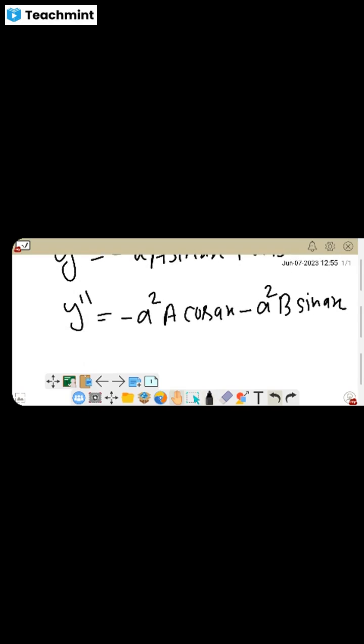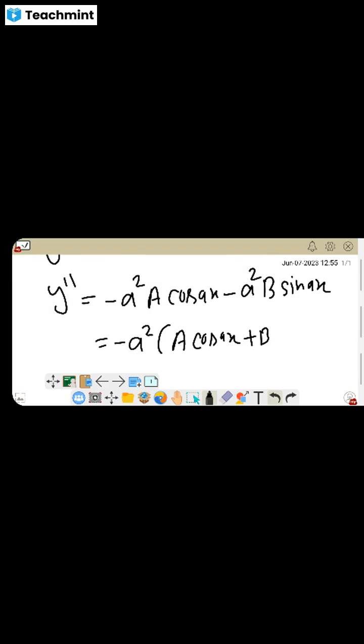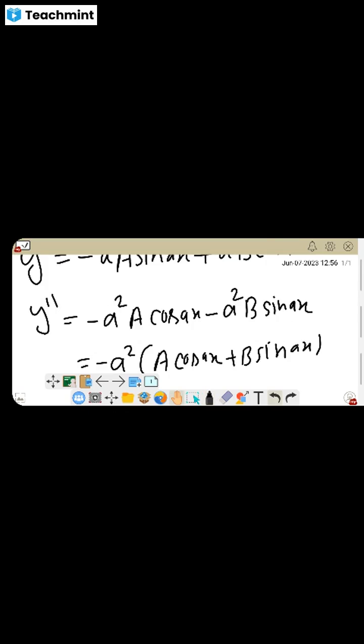Now here we take minus a square as common, then we have a into cos ax plus b into sin ax. So then we put these values in the left side to solve for a.